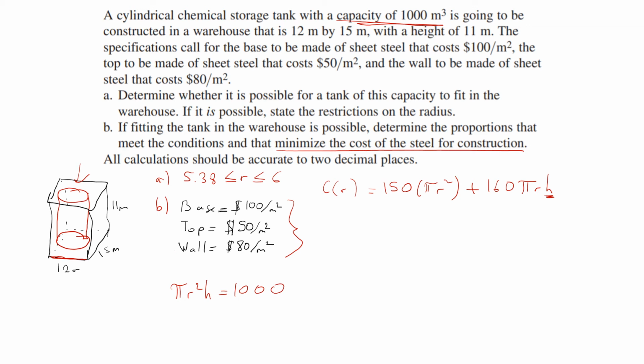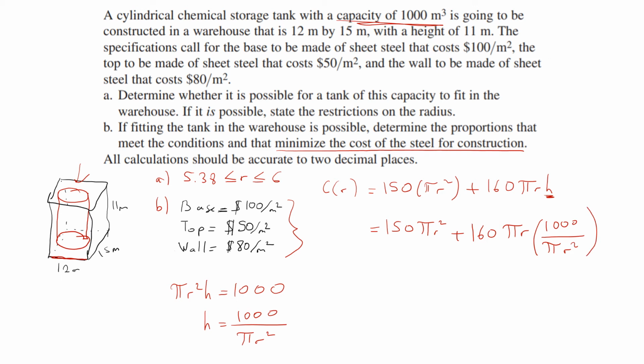So if I divide each side by pi r squared, I'm going to get h equaling to 1000 divided by pi r squared. And I'm going to plug this value in for my h. So I'm going to get my cost as 150 pi r squared plus 160 pi r, and my h value is going to be 1000 divided by pi r squared.